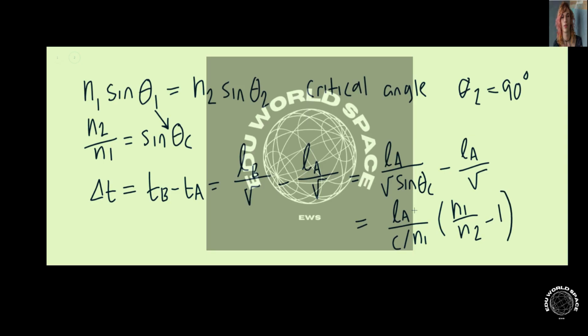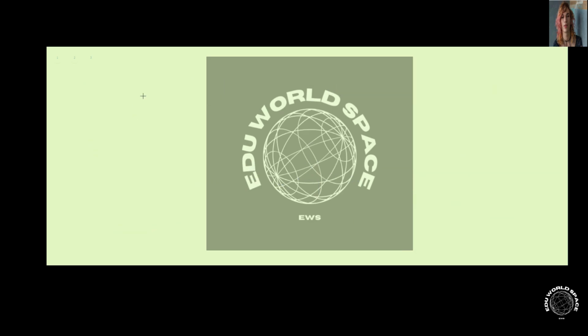Great. And I'm making use of the fact that the speed of light in the fiber, so for both rays in this medium, is reduced, and it's equal to the speed of light in vacuum over the index of refraction in the fiber. So I should write here that the speed V in both cases is just C over N1, which I substitute in here.